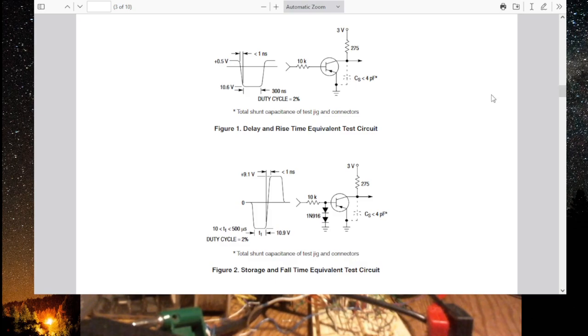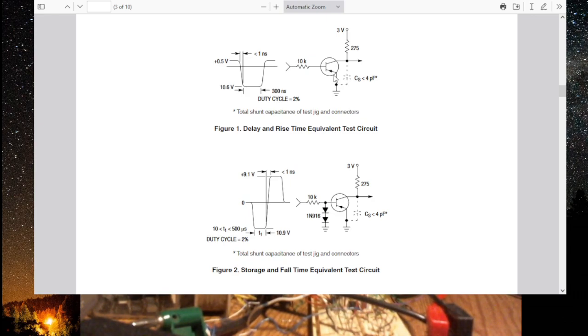Oh, so this one is going into the negative. Yeah, huh.